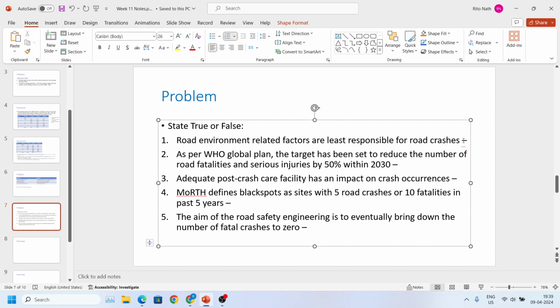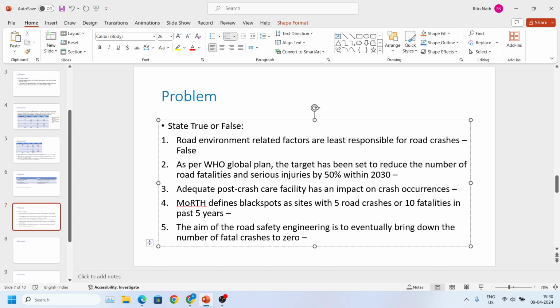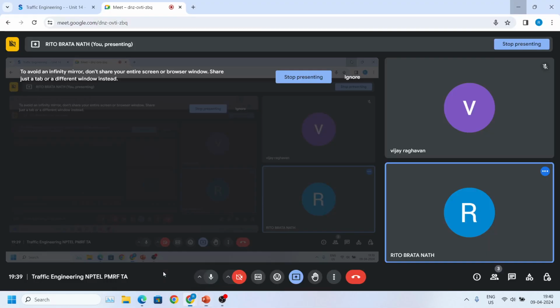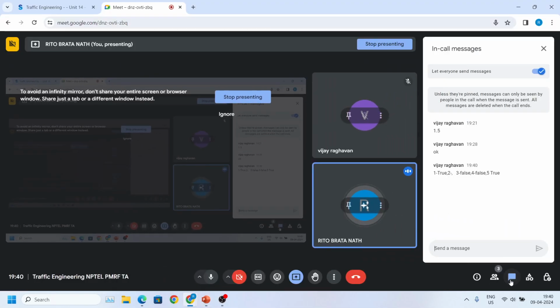You will find one diagram within this road crashes module, and there the contribution of those different factors is shown in a pie chart, I think, and you'll find that vehicle related factors are actually the least responsible for road crashes, not the road environment related factors. So this would be false. One is not true, it's false because it's vehicle related factors.